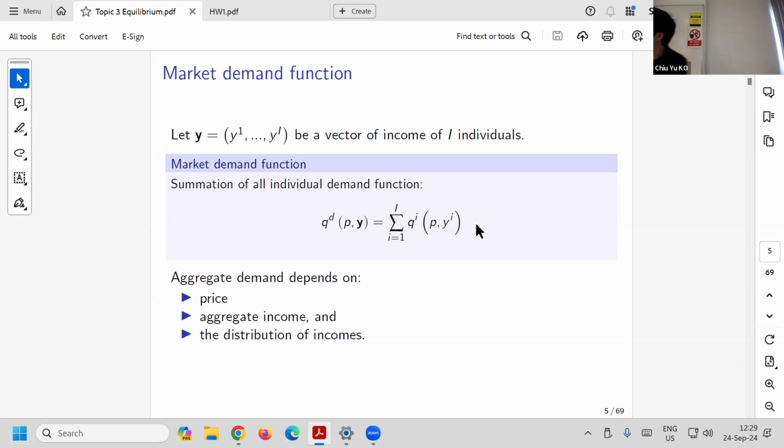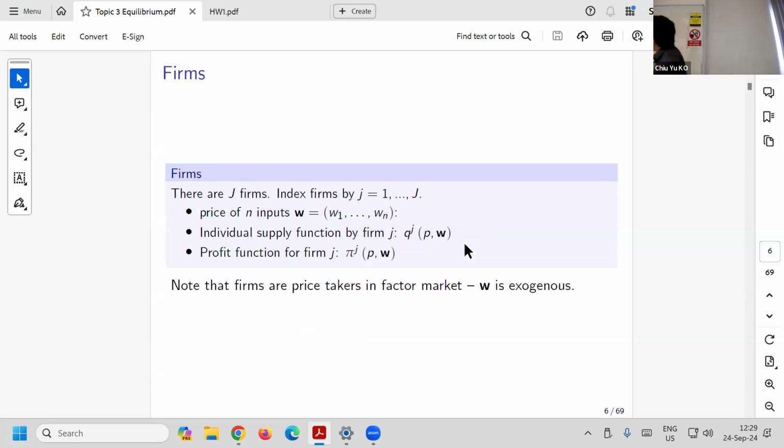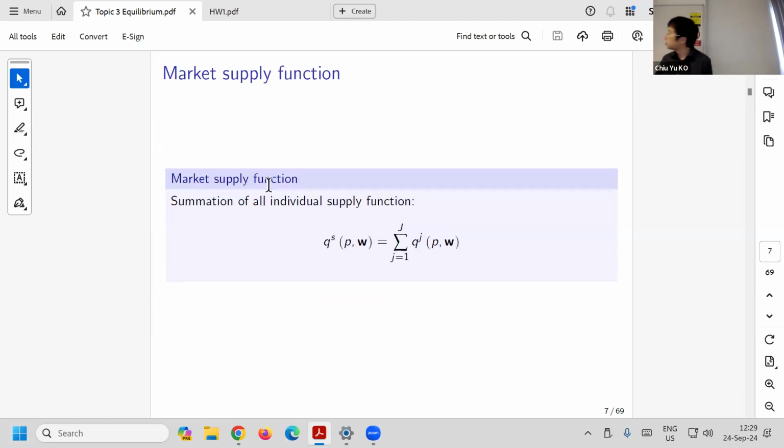But in this one, we just make our life easy. And for the firm, the same: you just say single supply, because we assume it's a homogeneous product, so this will be easy because the supply function can simply add up. There's no difference between the product produced by each firm. Of course, if this is not the case, then we will be careful.